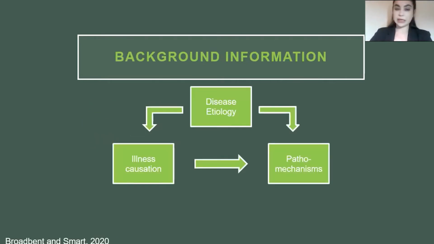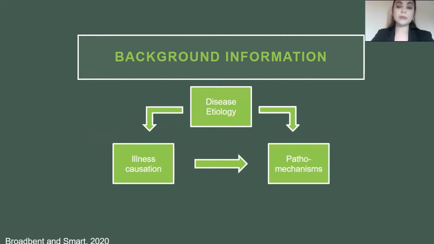This is a summary of some of the existing work on disease etiology by Broadbent and Smart. As you can see here, disease etiology is split into two main categories. Illness causation, which is an external event that will take place before infection, and it's usually in the form of some kind of exposure to an infectious agent.